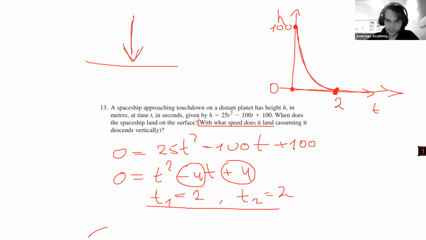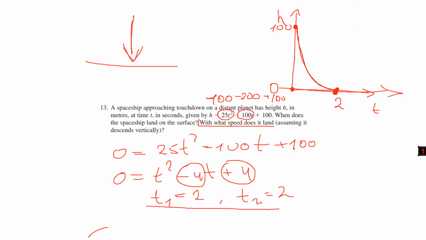You can see it here because this is going to be equal to 100, this is going to be equal to minus 200, and 100 minus 200 plus 100 is 0. I think it's -2 and -2. Yeah, because the sum is -4.